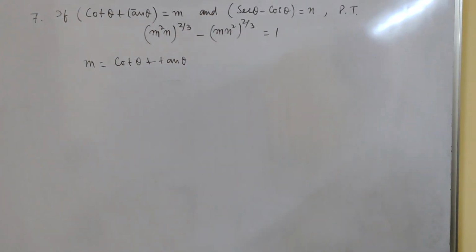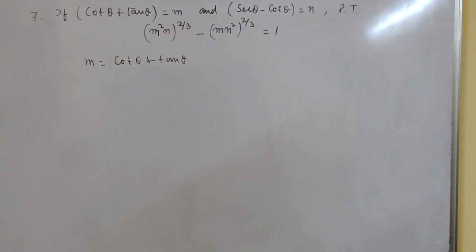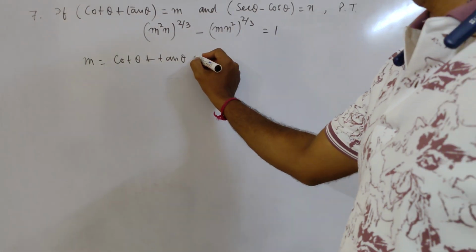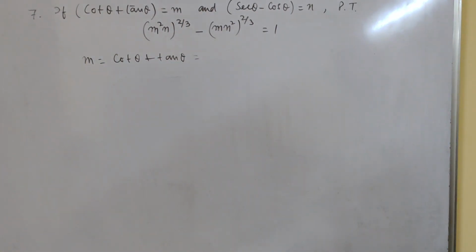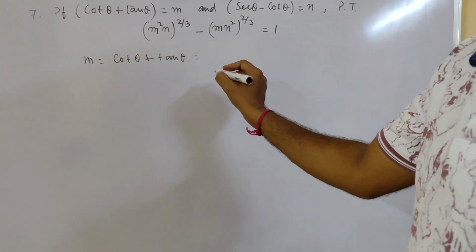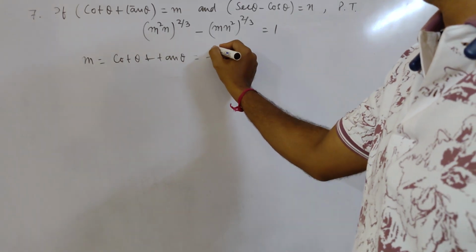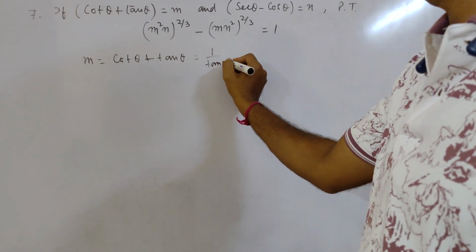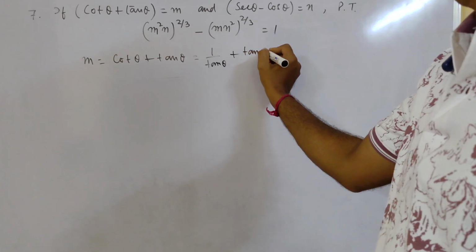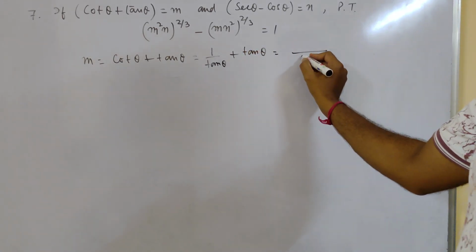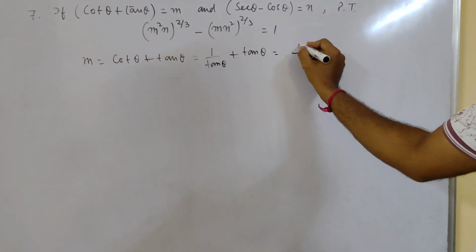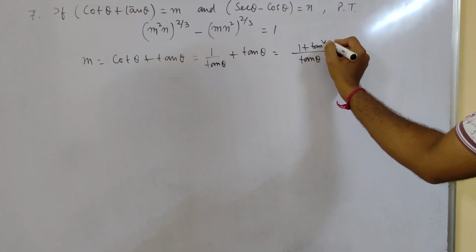Now we may write cot theta is equal to 1 by tan theta, so 1 by tan theta plus tan theta. If we take LCM, it is (1 plus tan square theta) by tan theta.